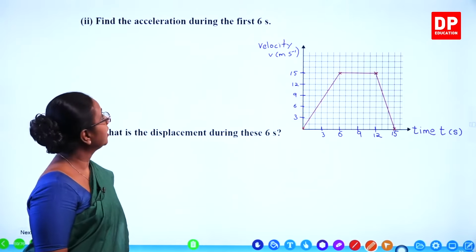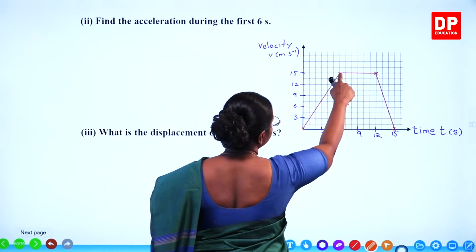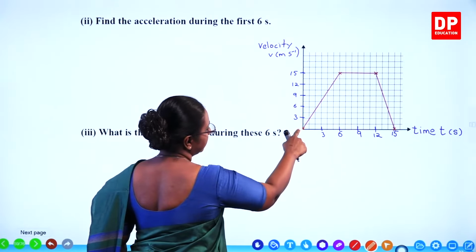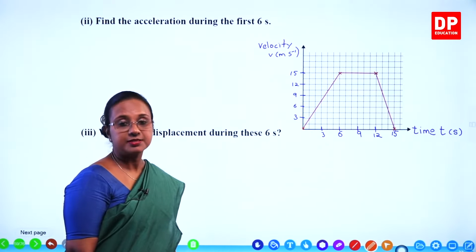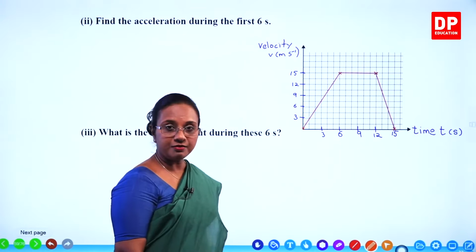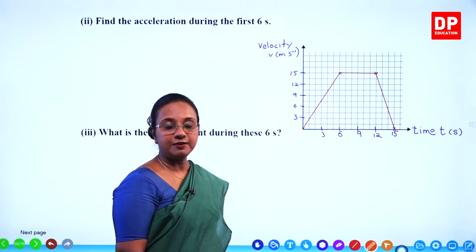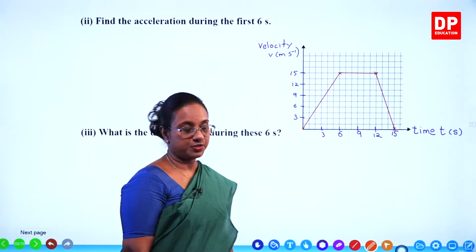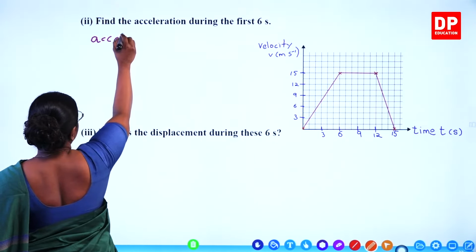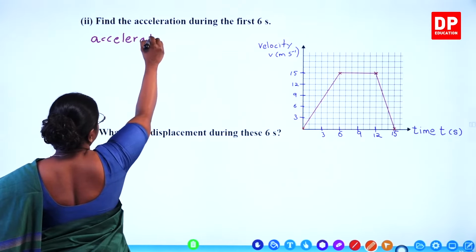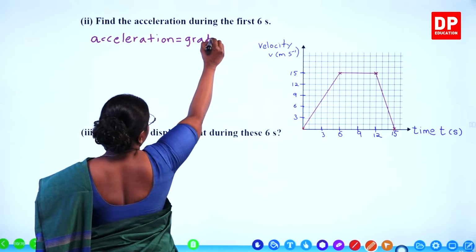Find the acceleration during the first 6 seconds. So we know initially the body accelerated starting from 0, reaching a velocity of 15 meters per second. Since we have the graph and you know that calculating the gradient of the graph will give you the acceleration of the object, we can say acceleration is equal to the gradient.